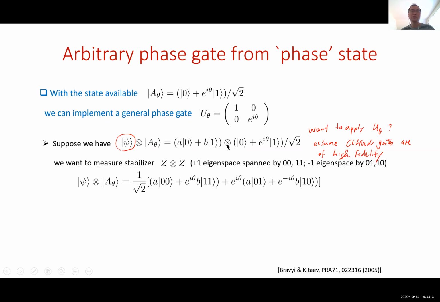So A|0,0> plus B e^{i theta}|1,1> plus the cross terms: A|0,1> with coefficient phase e^{i theta}, and B|1,0> with coefficient 1, but I want to extract the overall phase e^{i theta} here. Then this becomes e^{-i theta}.